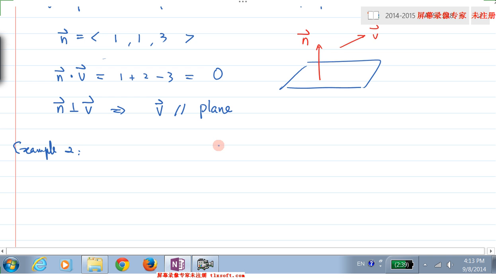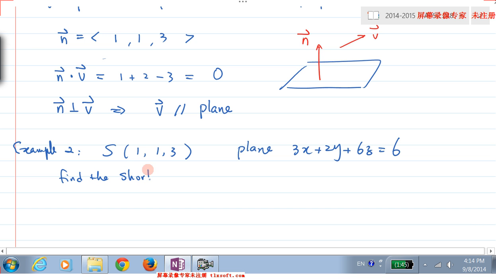It needs a little bit of examination. Given a point S and a plane, find the shortest distance from this point S to the plane given here.